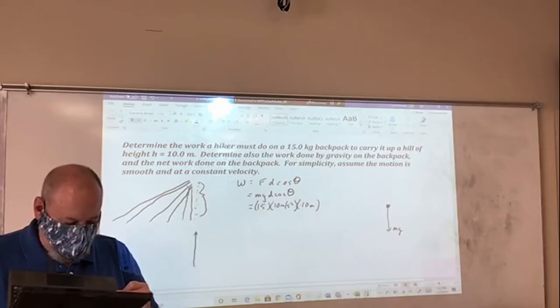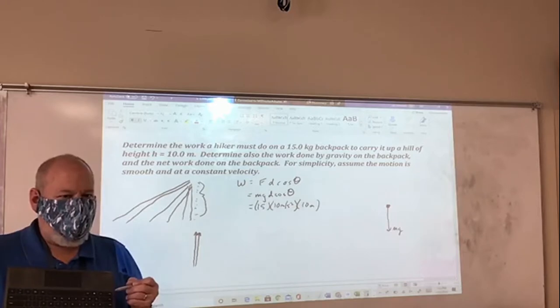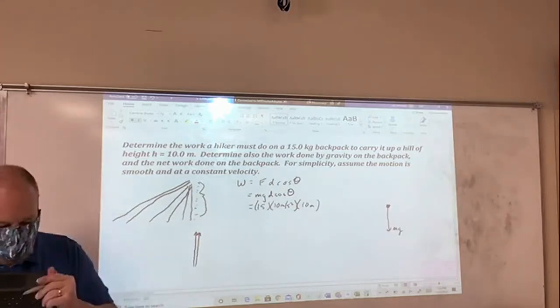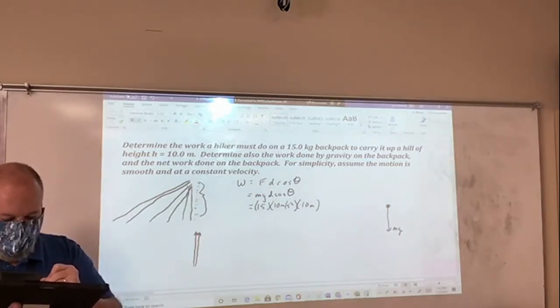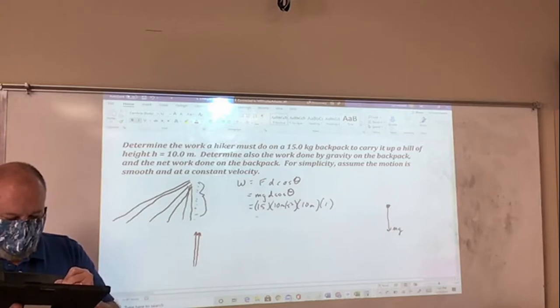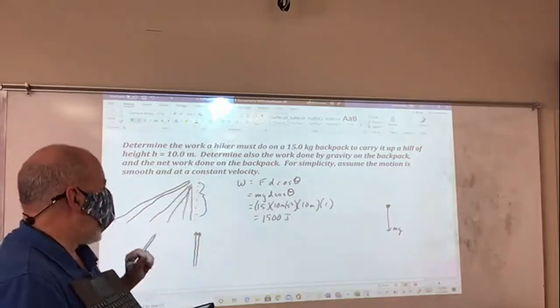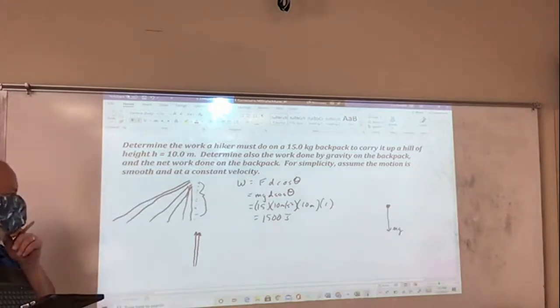They're in the same direction, right? What's the degree of separation of those two lines? 0. So in that case, it would be times 1, right? Cosine of theta would be 1. So 15 times 10 times 10 is going to be 1,500 joules of work. I had to do 1,500 joules of work in order to accomplish that.